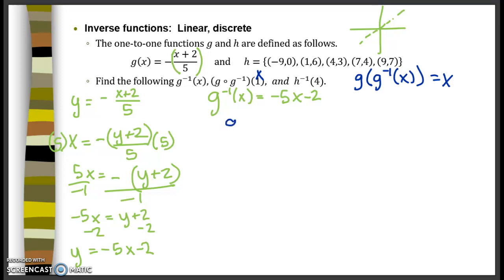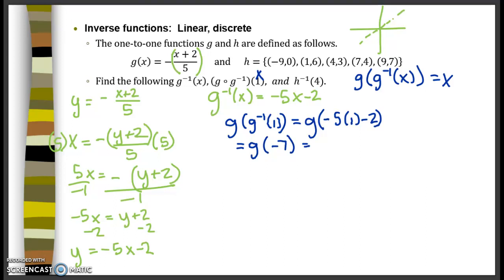G of g inverse of 1, well, g inverse of 1 is going to equal, I'm actually going to write this inside of here. This is g of negative 5 times 1 minus 2, which equals g of negative 7.